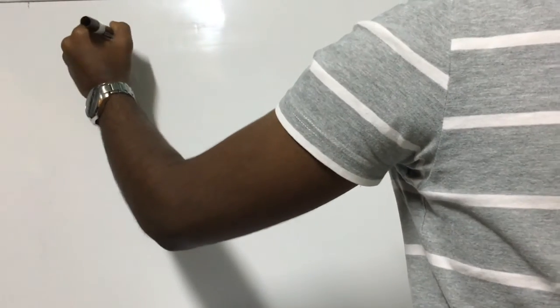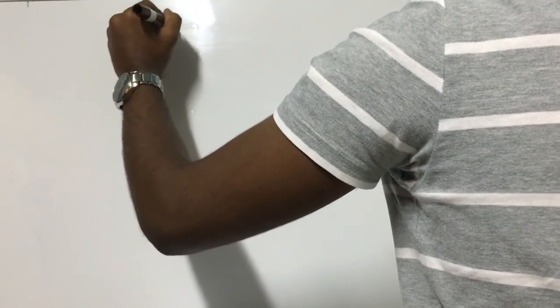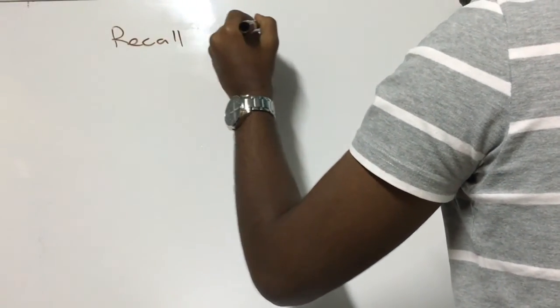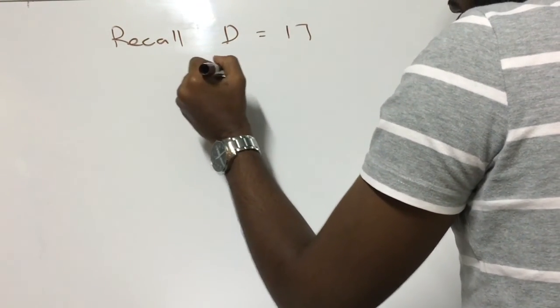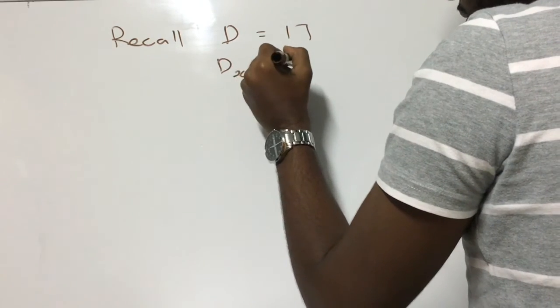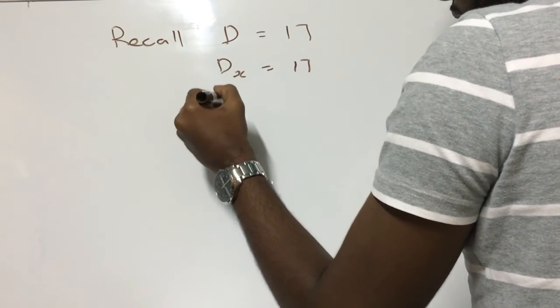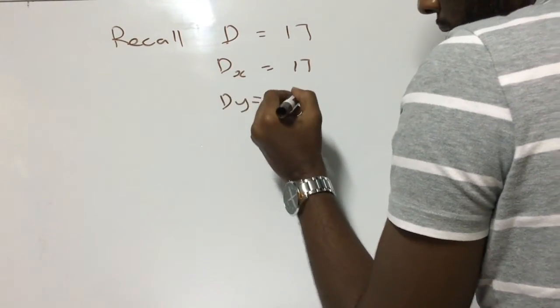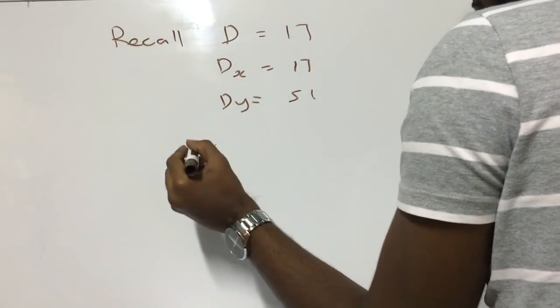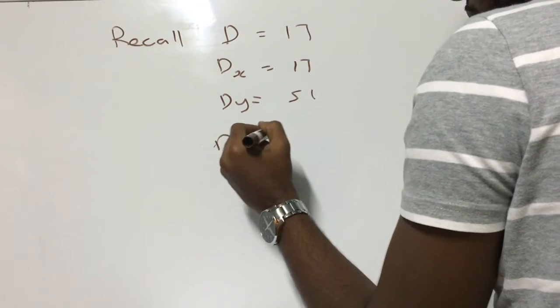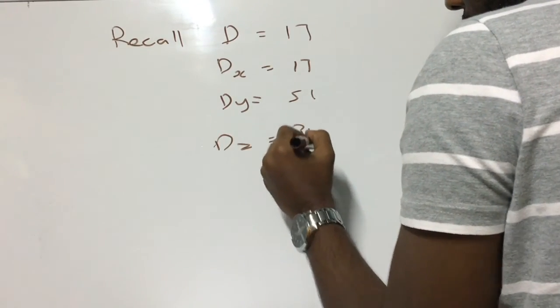Right, so if we recall, D was equal to 17, Dx was equal to 17, Dy was equal to 51, and Dz was equal to 34.